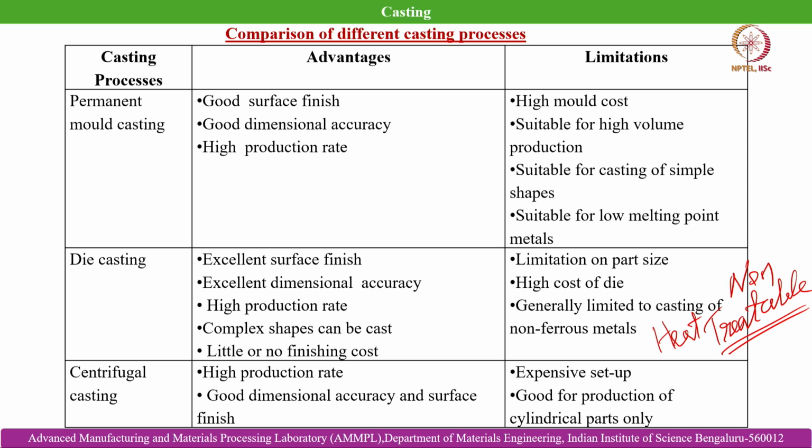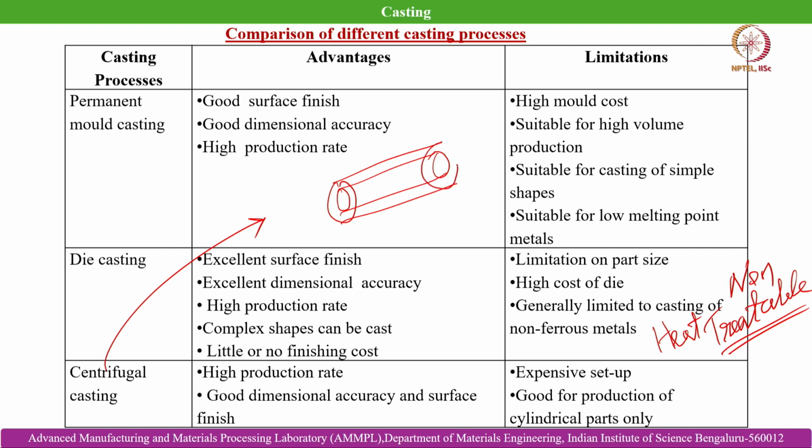Next in line is centrifugal casting. Centrifugal casting offers a very high production rate with good dimensional accuracy, and the structural integrity comes from the centrifugal force with which the melt is thrown towards the periphery of the mold. A perfect example is the hollow ductile iron pipes that we can manufacture by the centrifugal casting route.